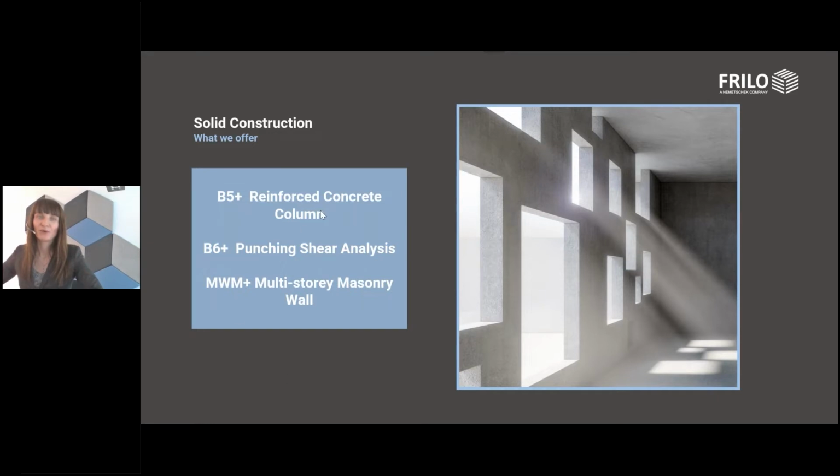One example of a very popular reinforced concrete program is our reinforced concrete column B5 Plus. We have a very good program for punching and shear analysis, also widely used by our customers. An example of a masonry program is the multi-story masonry wall.